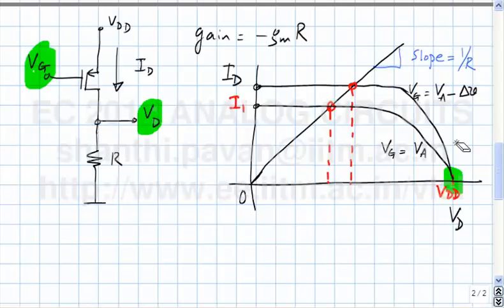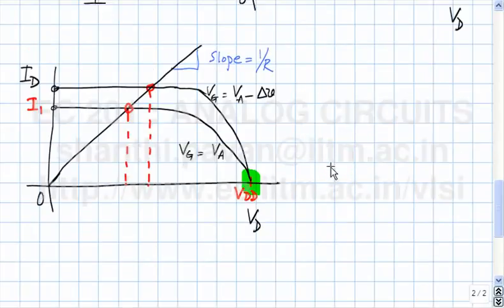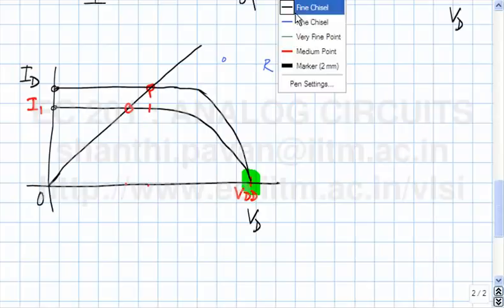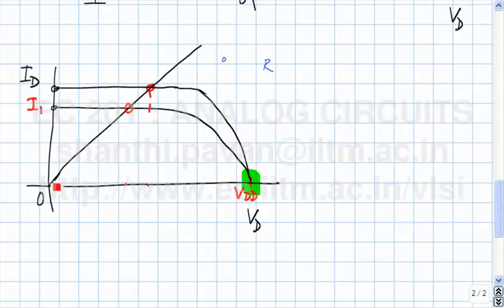Straightforward. Now, if we wanted to get a larger gain, what would I do? One thing I could do would be, as we discussed yesterday, to choose a larger resistor, but there is a limit to how large a resistance you can use, simply because if I go on increasing the resistor, I will eventually end up in the triode region.